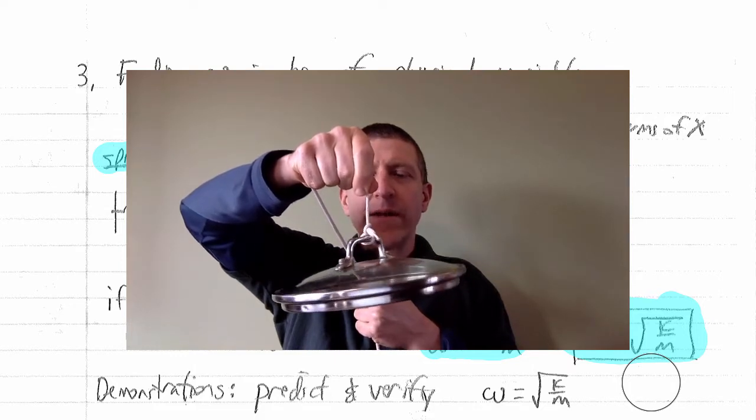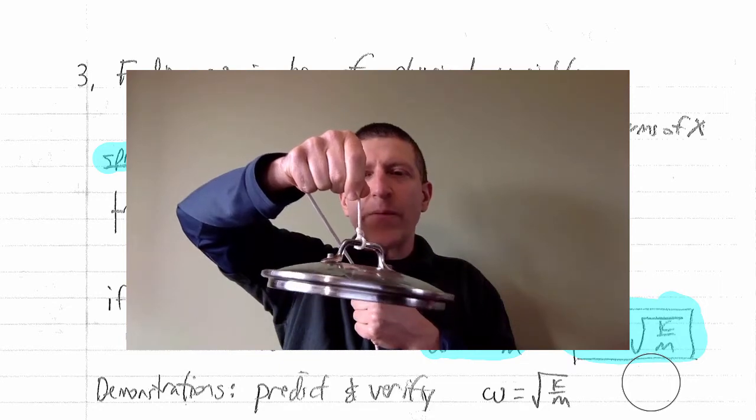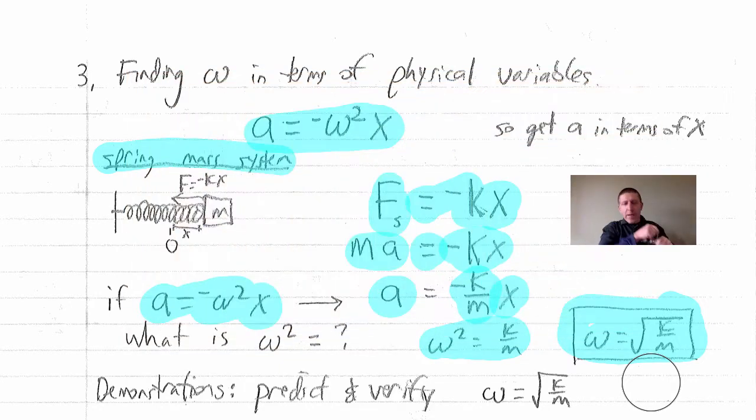Now, what is this going to be? This is one of these situations where the analogies really, really help. So instead of the square root of k over m, instead of k, the torsional spring constant is called kappa.